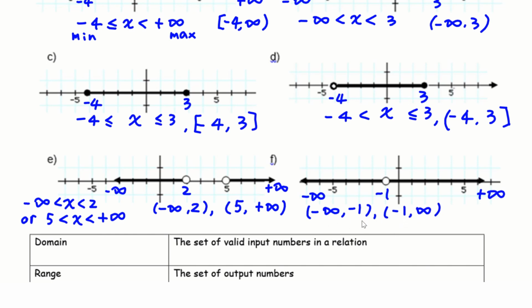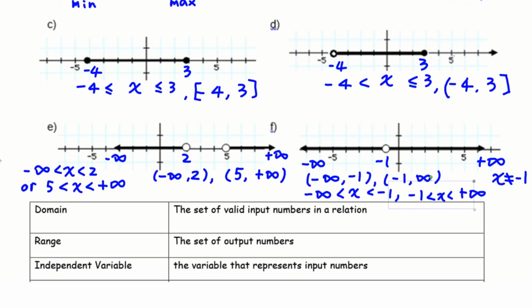You could write it this way in interval notation, or you could write x less than -1, then -1 to positive infinity, x greater than -1. So these two are equivalent. Or you could see this solution is all the real numbers except this -1. So you also could write it as x not equal to -1. This is solution 2.